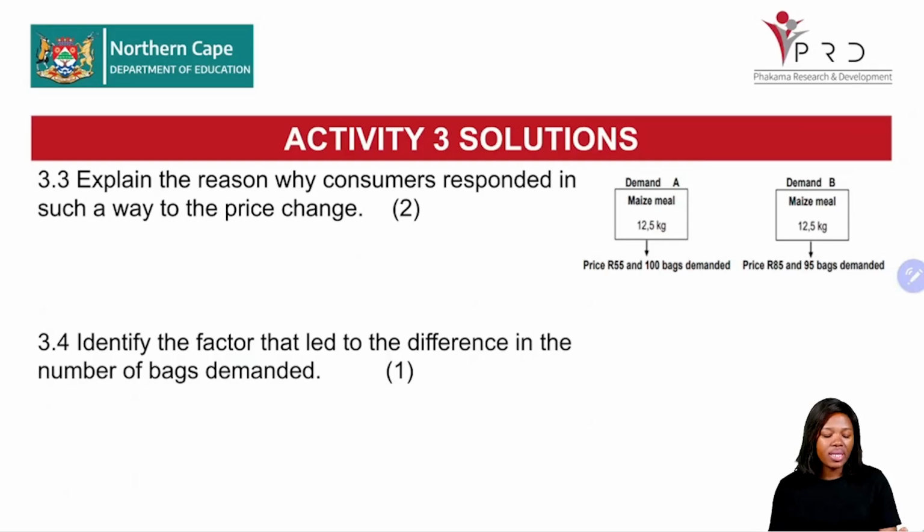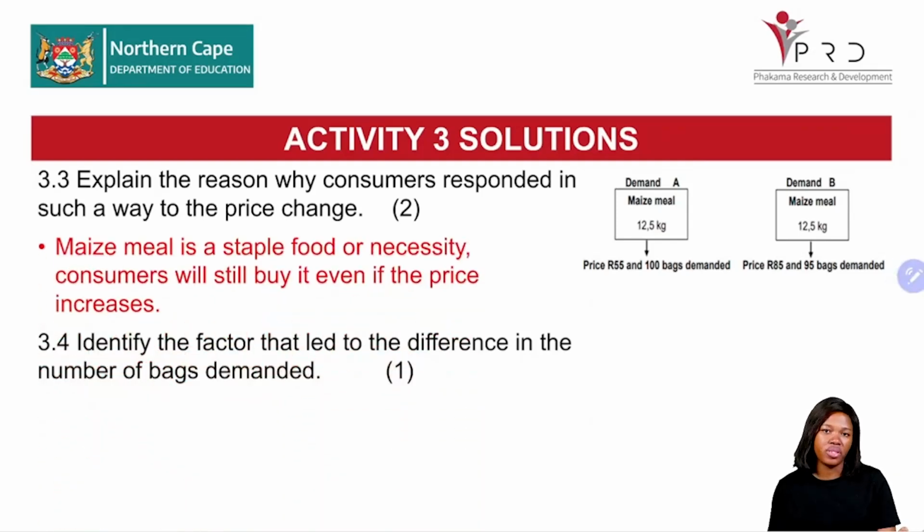Now, explain the reason why consumers responded in such a way to the price change. Maize meal is a staple food, or we can say it is a necessity. Consumers will still buy it even if the price increases, because it is a need.